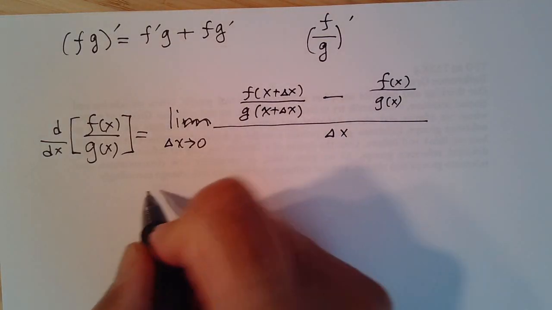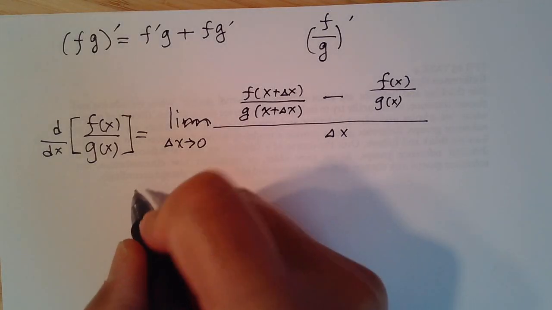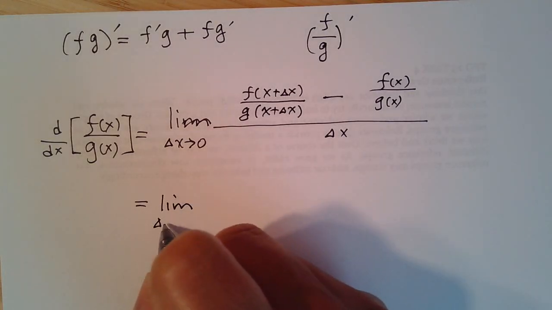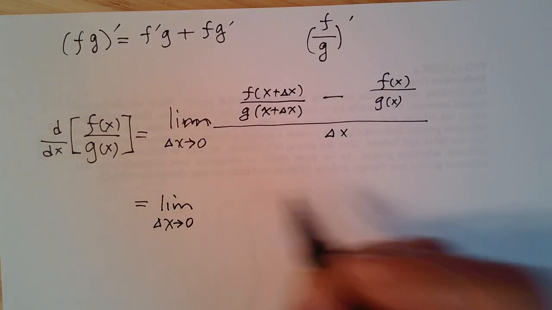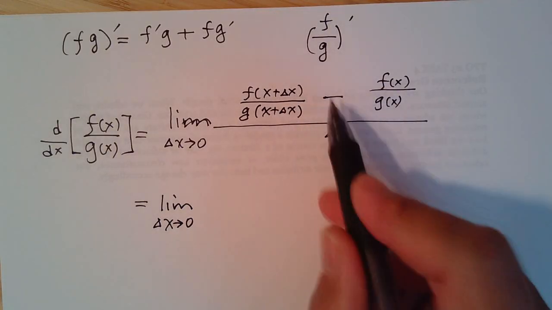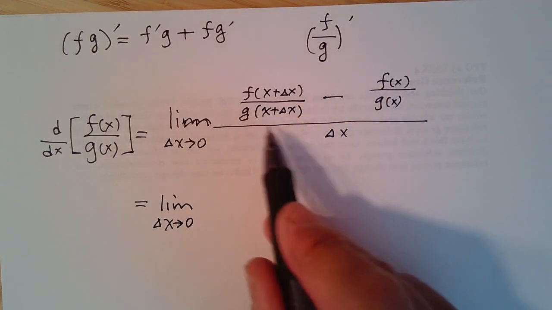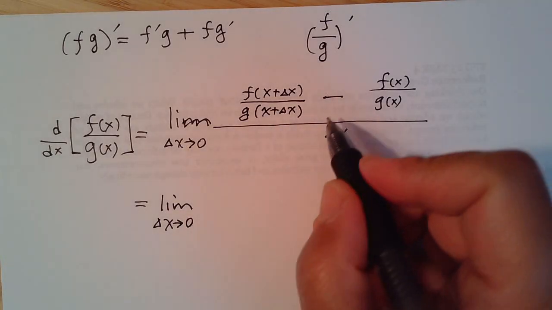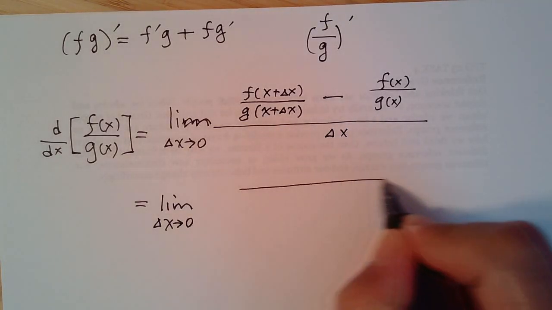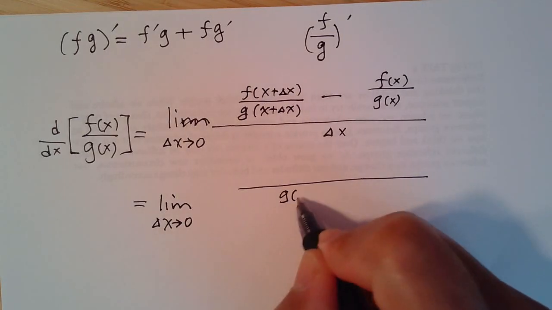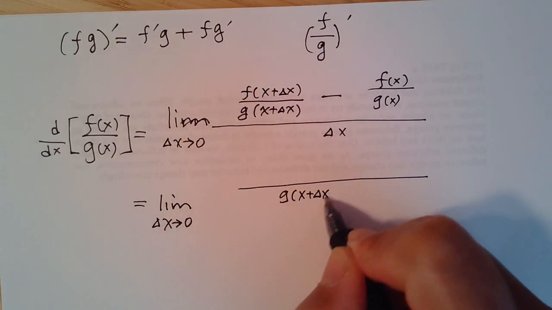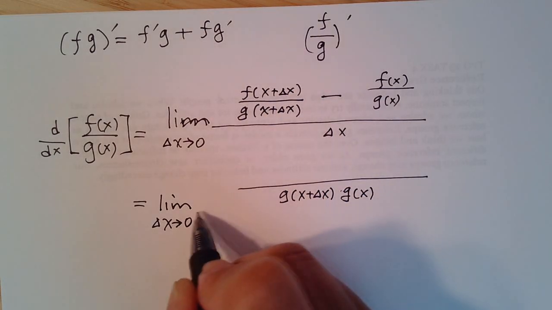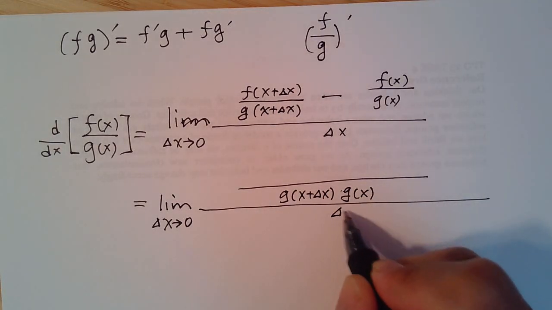So don't worry, we learned so many things, so we just keep doing it. So we use everything we learned before. Delta x approaches 0. The top, you can find the least common denominator, which happens to be the product of these two. That will be g of x plus delta x times g of x, and the denominator is not changing, okay?